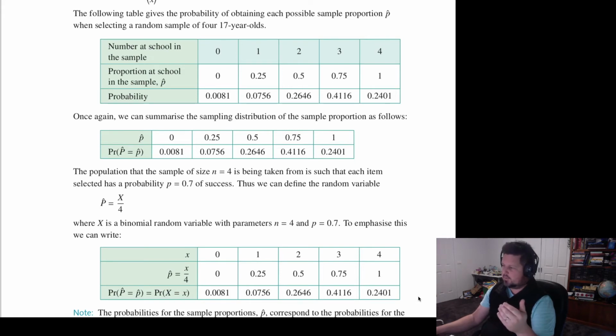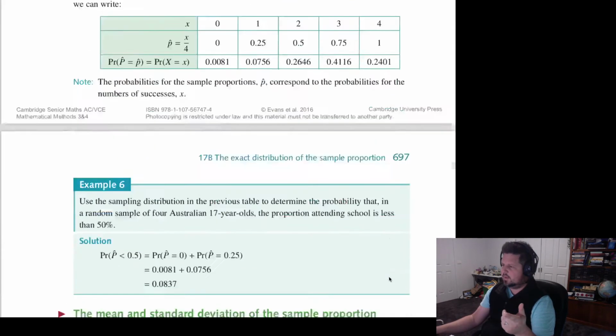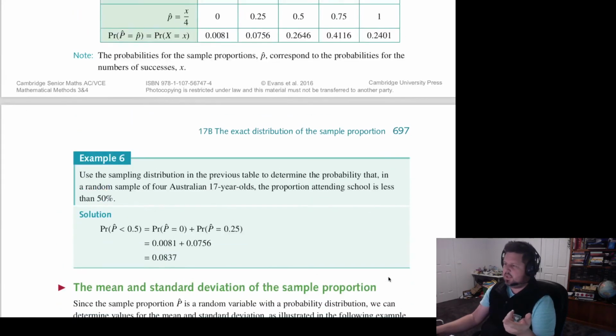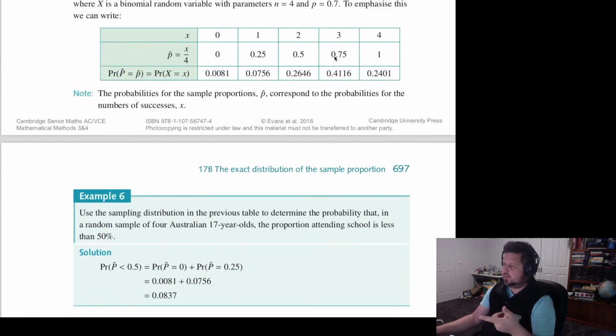You can write out the table as follows. Notice p hat is equal to X over 4, and then writing out the probabilities as follows.